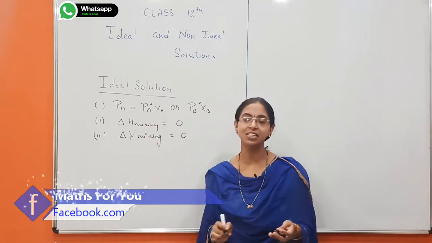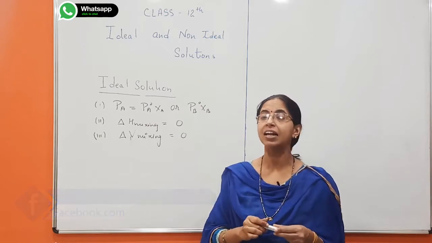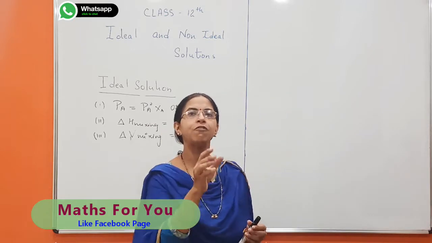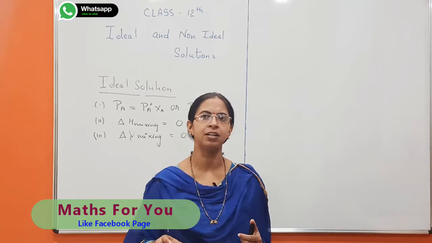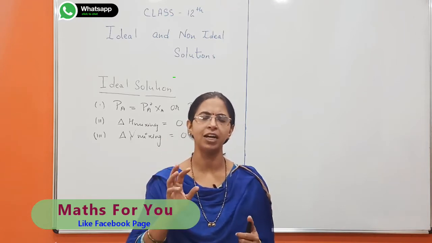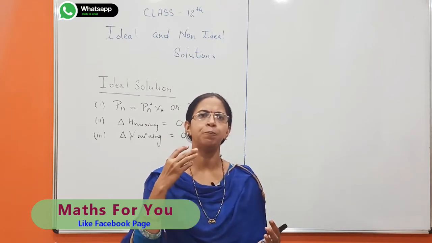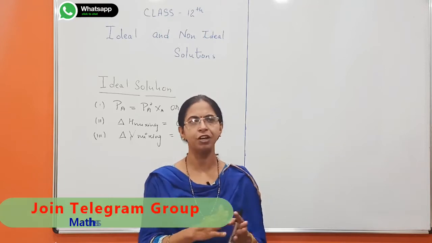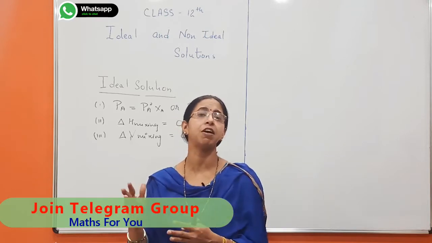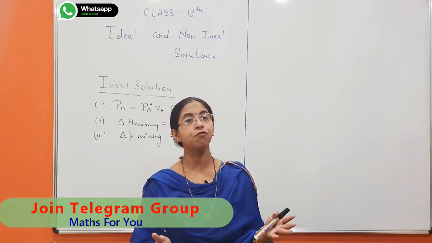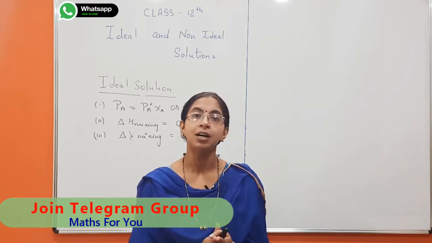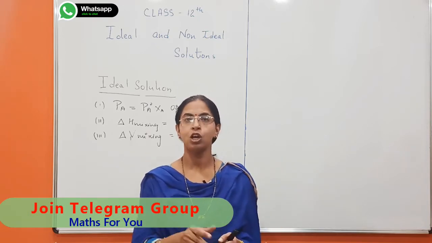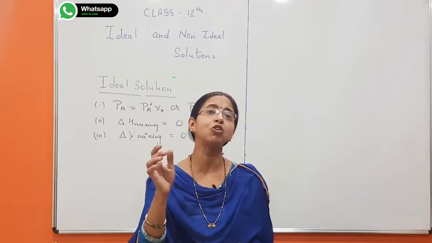Now, what these terms mean: if you have 25 ml of hexane and 25 ml of heptane, then when you mix these liquids you will get exactly 50 ml.